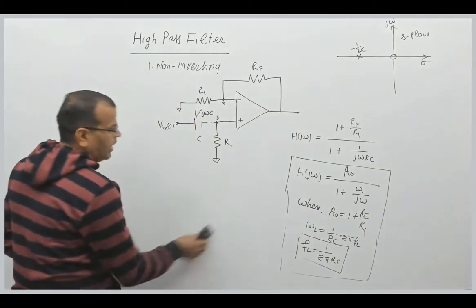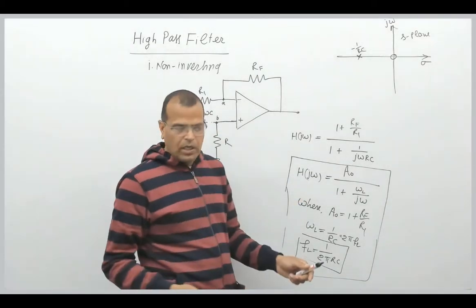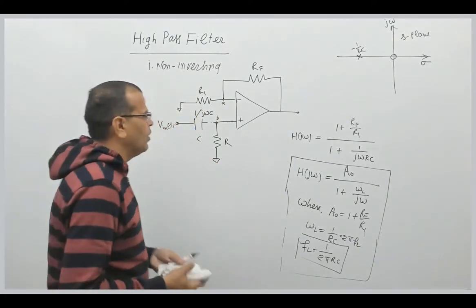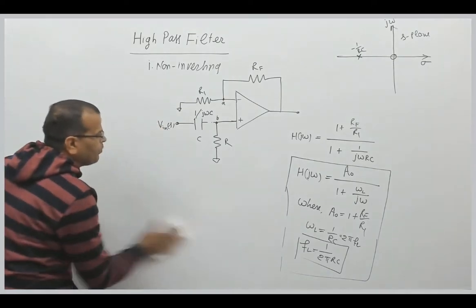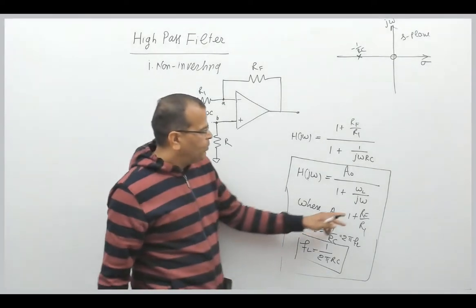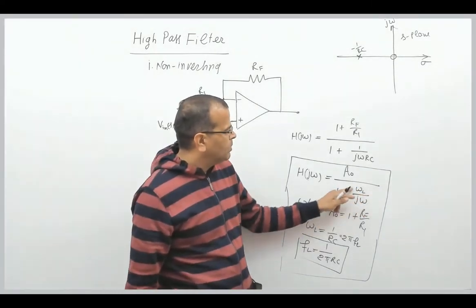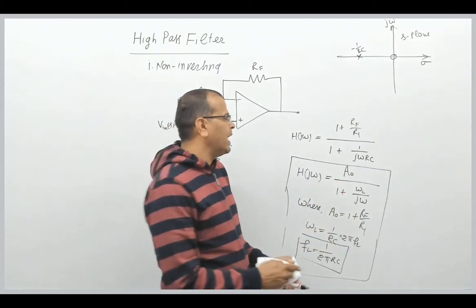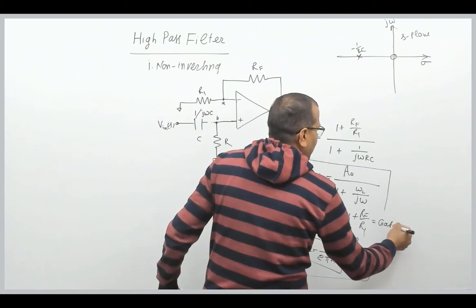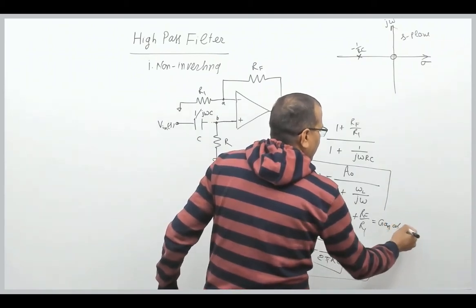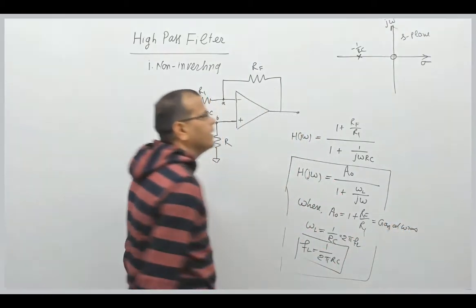So now this is your transfer function or gain of the high pass filter, right? If you put omega equal to infinity, this becomes 0. It means A naught is the gain at infinity, the gain at omega equal to infinity, right?